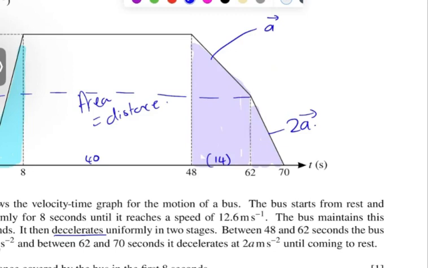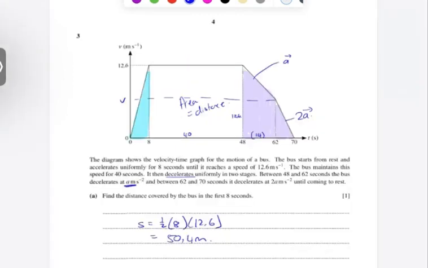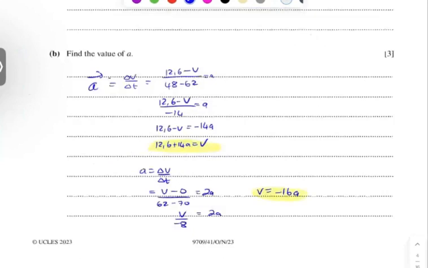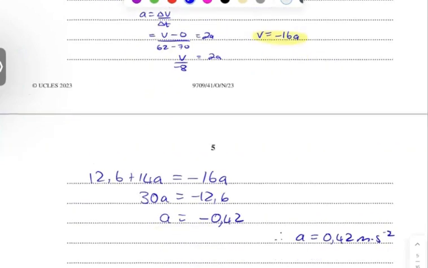And then I've got 12.6, and we didn't work out the height of this velocity. That's interesting. Maybe I must quickly go and work that out over here. Minus 16 times 0.42. That gives me a velocity of 6.72.